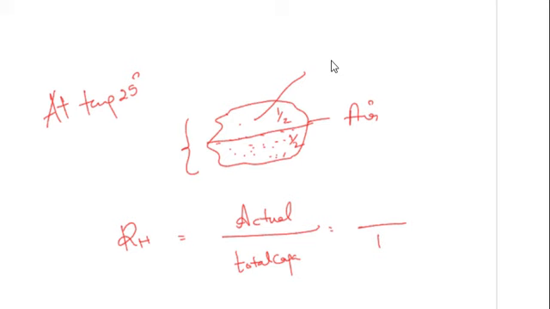The actual vapor present is half. So what is the relative humidity of this air? 50%. Here the full will be 100. 1 by 2 is 50%, 0.5, that is 50%. This is relative humidity, and it is very important. We have to know about this thing.